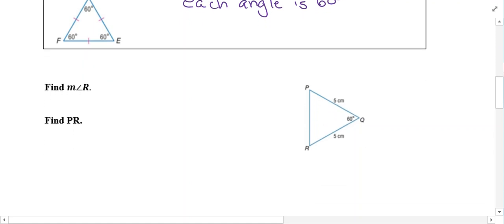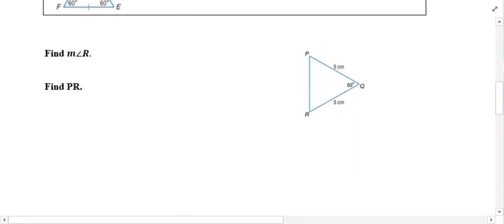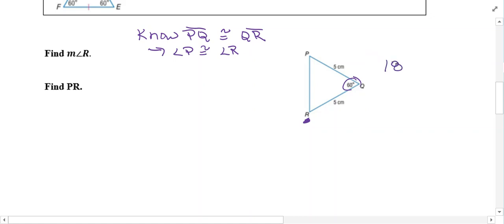So let's look at some problems and apply what we know. So we want to find the measure of angle R. So this is the measure we want to find right here. We know that PQ is congruent to QR. So that gives us angle P is congruent to angle R. We know that one of the angles is 60 degrees.